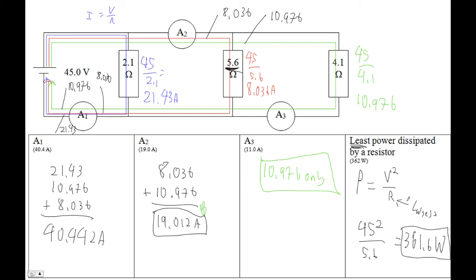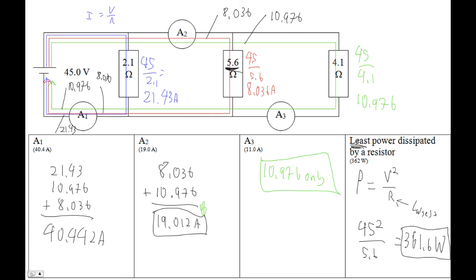All right. Now, here's the thing. This gets a little tricky because in this case, the largest resistor had the least power, and the smallest resistor has this whopping current going through it, so that's going to be the most power.